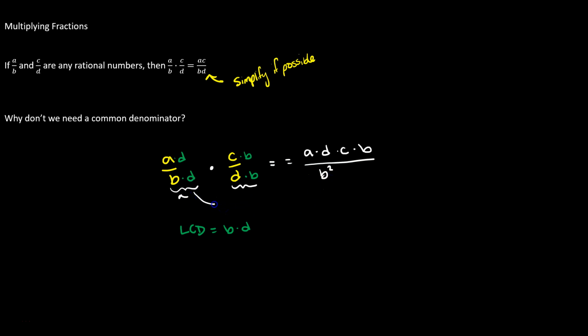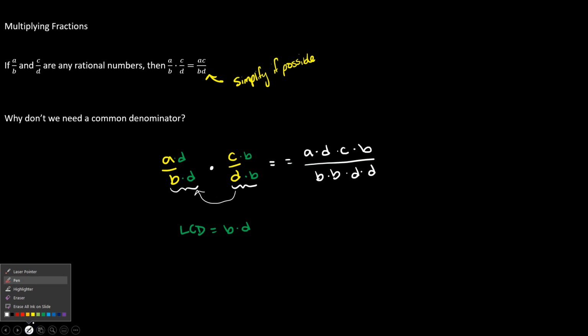And I have 2 factors of d. So that would be like d squared. Now b squared and d squared, that just looks like b times b, d times d.